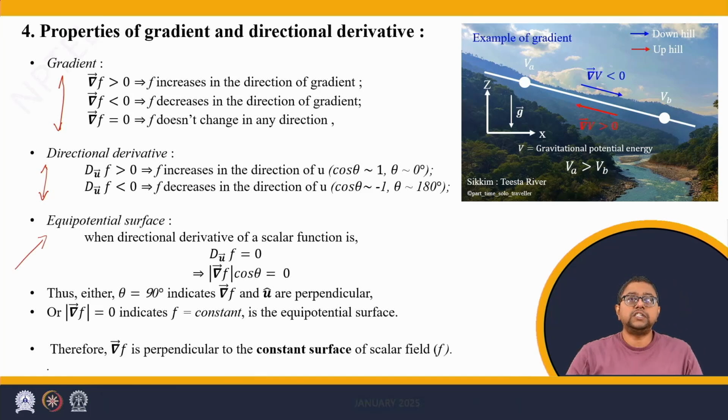The equipotential surface is the surface when the directional derivatives of a scalar function obey these constraints, which indicate that all the points of the surface have the directional derivative equal to 0. This defines the equipotential surface.